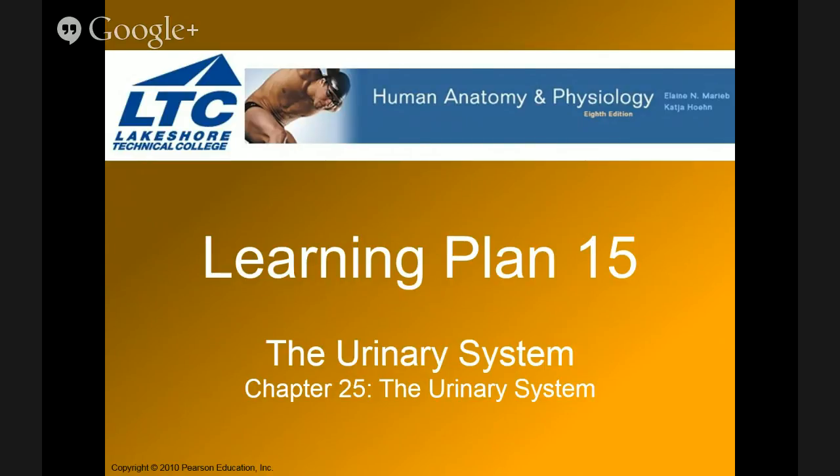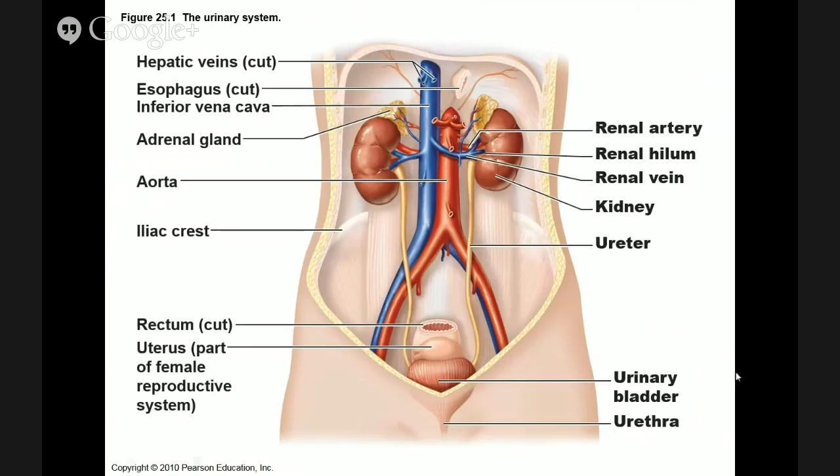All we're talking about is essentially the anatomy of the urinary system and what's going on. I mean, what are the structures involved? So this is a very, very easy, very straightforward learning plan. Probably like the easiest one you'll have. Honest to goodness. All right, so here is the urinary system at a glance.